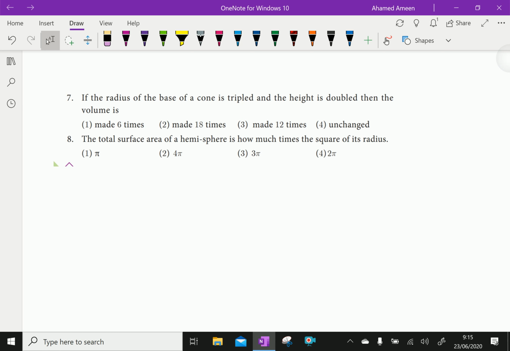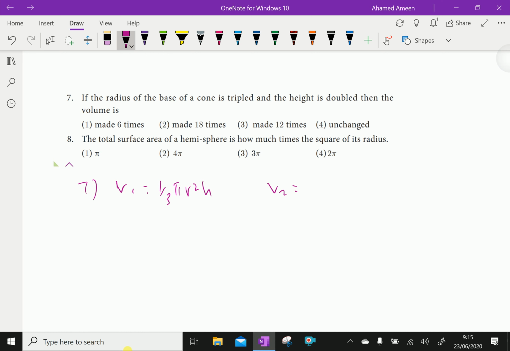Here question number 7. If the radius of the base of the cone is tripled and the height is doubled, then the volume is, here volume of the original cone, suppose V1 equals 1 by 3 pi r squared h.